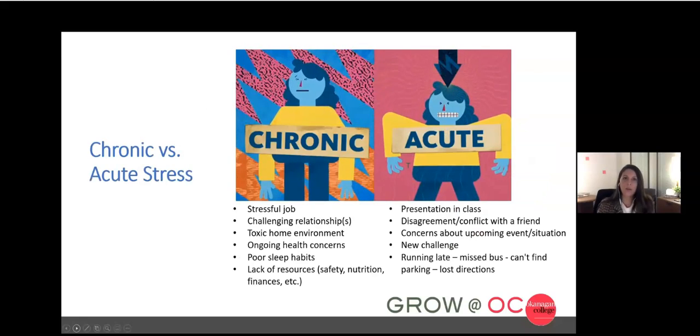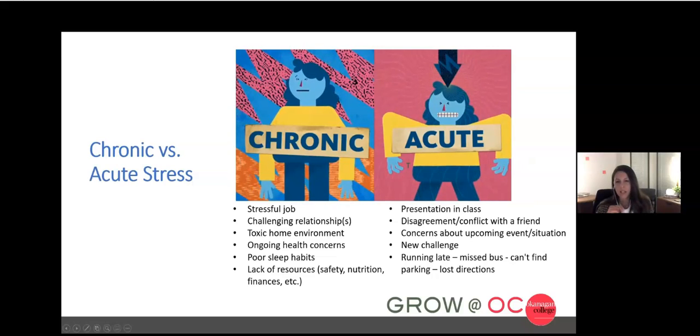Okay, so when we look at stress, we can often categorize it into two main groups. We have chronic stress and we have what we call acute stress. So examples of chronic stress are a stressful job, challenging relationships, a toxic home environment, maybe ongoing health concerns that you're faced with, maybe poor sleep habits, and lack of resources.